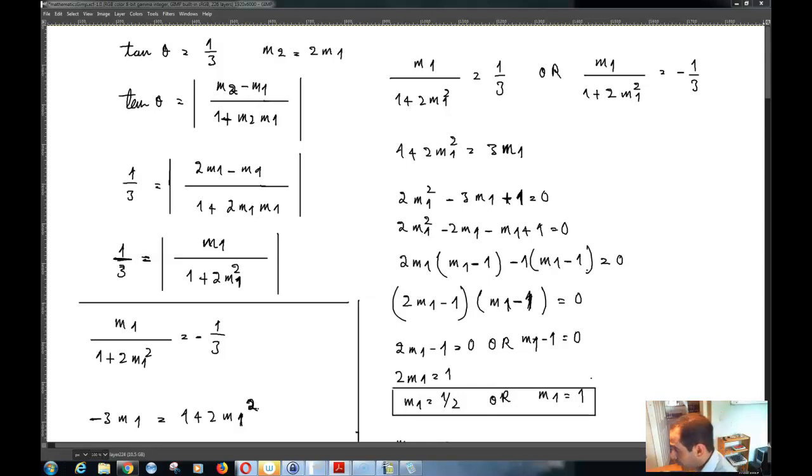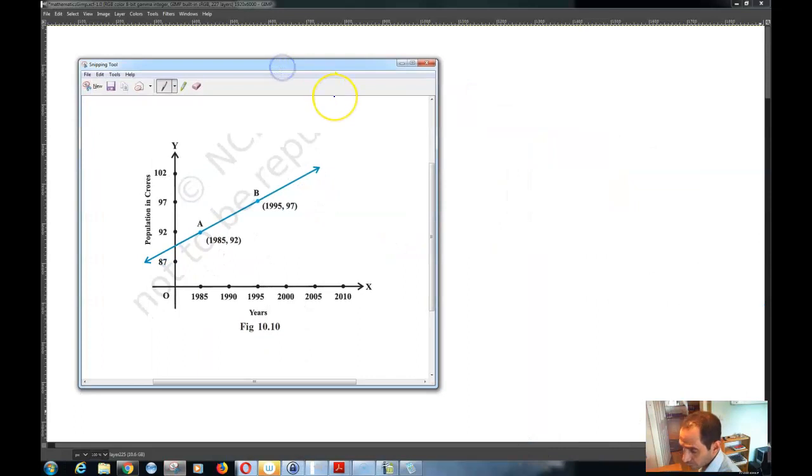Okay, so we have a graph over here. This is population in crores.